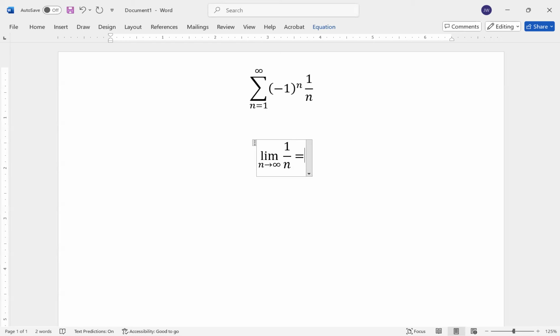Notice that the limit of 1 over n as n goes to infinity is in fact 0. We know that just based off of rules of limits. And we do know that it is also decreasing: 1 over n plus 1 is smaller than 1 over n. Technically less than or equal to.